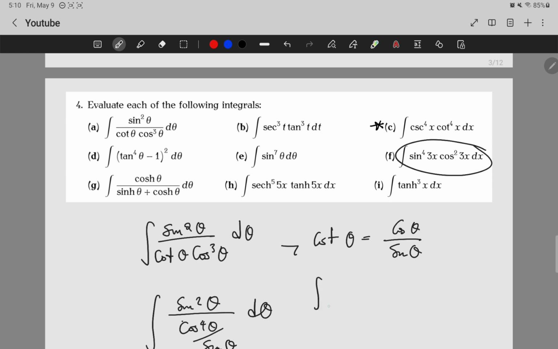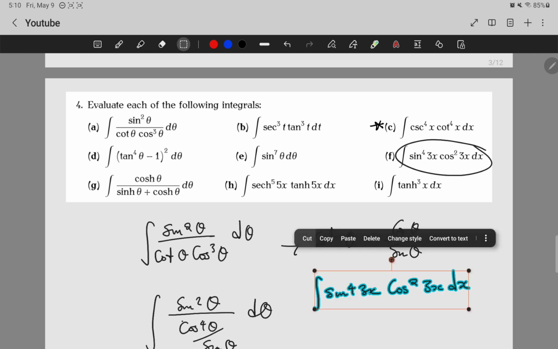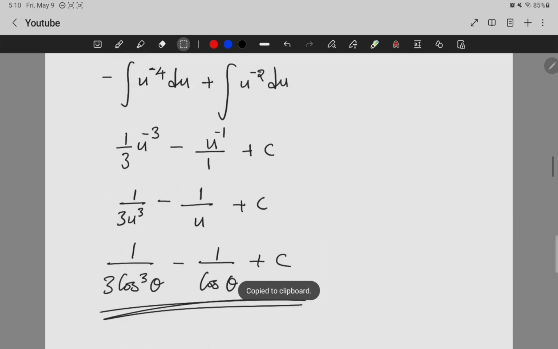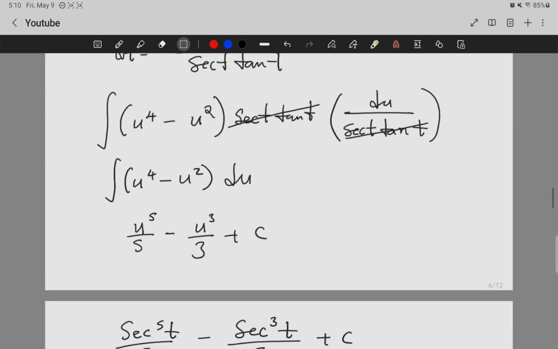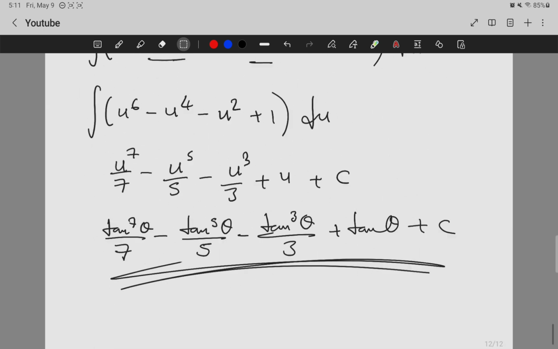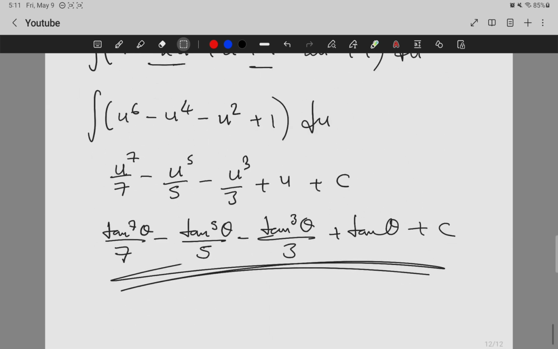So for that one, we have the integral of sine to the power 4 3x, and then we have cos squared 3x dx. So some of these, you find that maybe you have better ways of dealing with them.